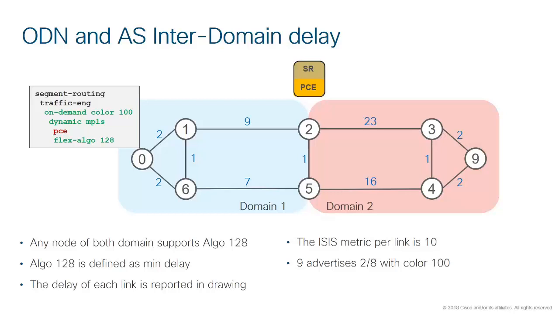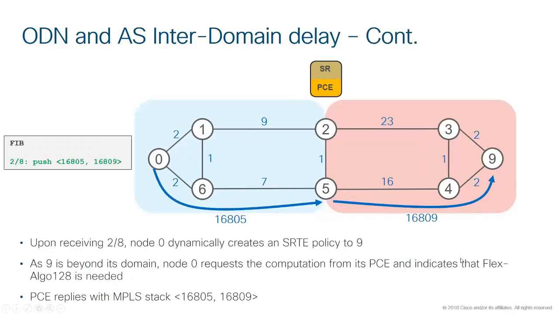We don't have this yet in the demo, but what the segment routing PC would do at this time, and this is a bit related to the question from Stefan, is that the segment routing PC has a complete understanding of the two domains via BGP-LS collection. So he knows that in each domain there is an algorithm 0 and an algorithm 128. And so he's going to compute a path from 0 to 9 that is flexible algorithm 128 optimized.